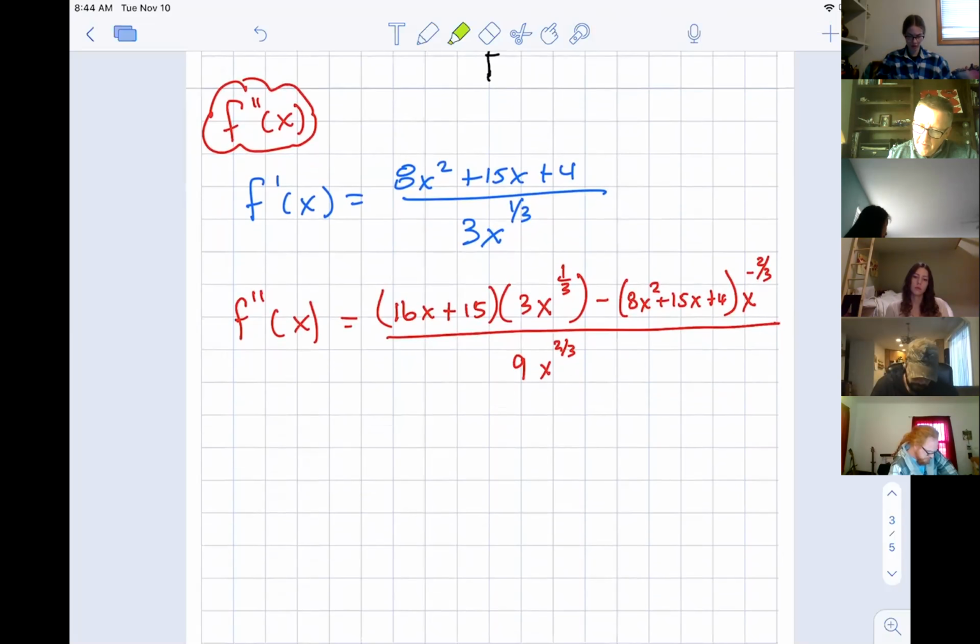What I'm looking at is that and that. I'd really love those to be numbers like 2s or 3s or 1s or 0s or whatever. I want them to be not so ugly, because I remember I have to set the top of this equal to 0. And so I'd like those to be nicer. What would be a good thing to multiply the top and the bottom of that expression by?